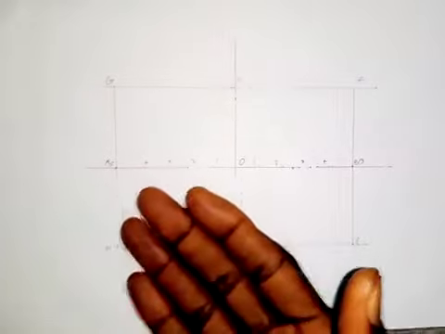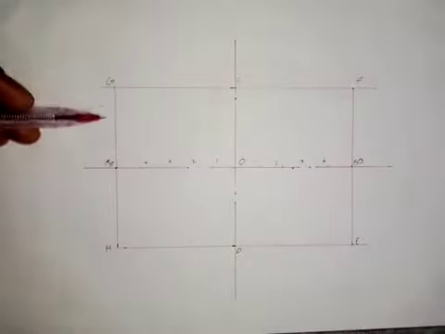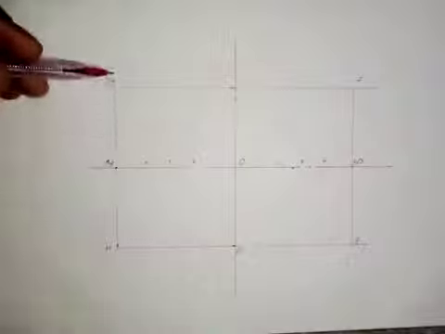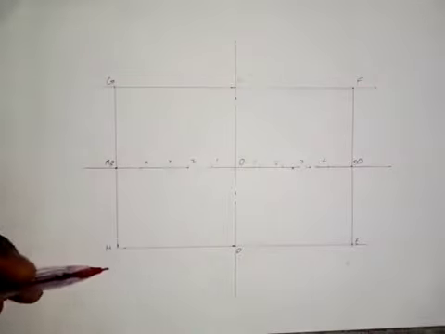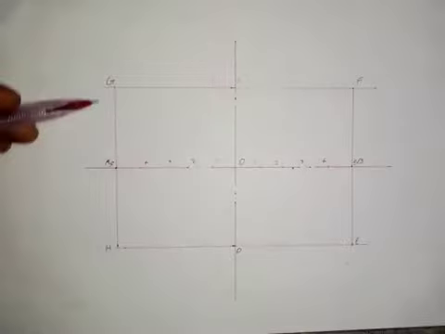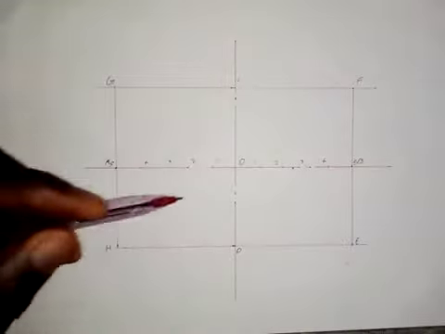So as we have done it here, on the major axis AB, I will come to this side of the rectangle, which we can also call the minor axis, because distance GH is also 80 millimeters here.